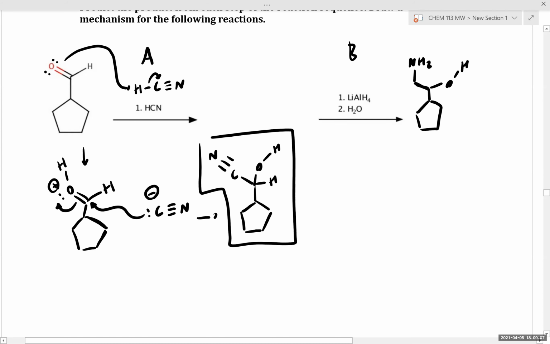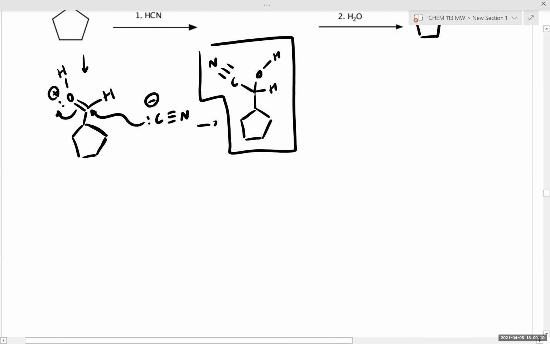And it's good to see that you noted the fact that when the nitrile is reduced, we still have this methylene group present.